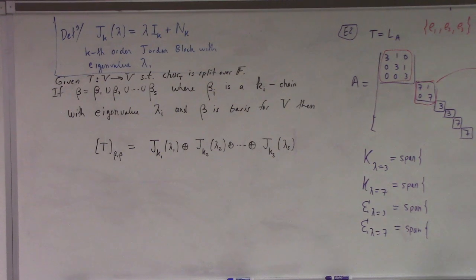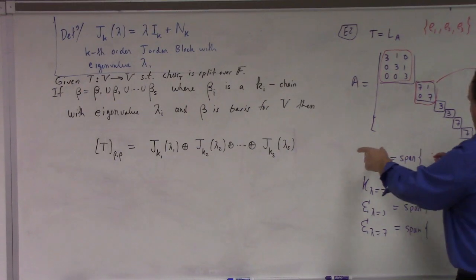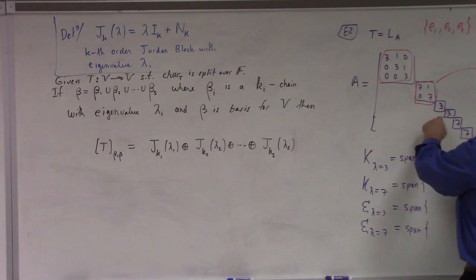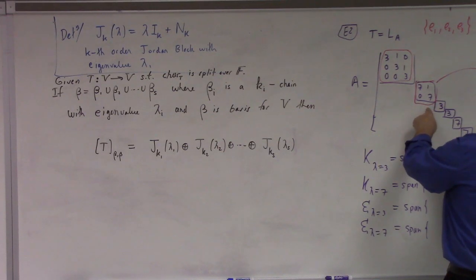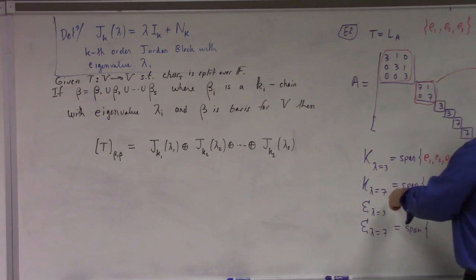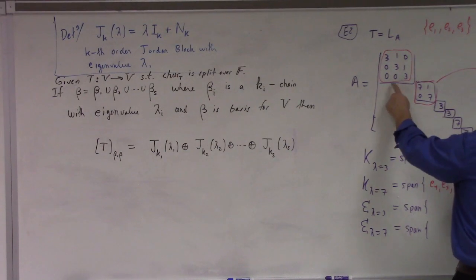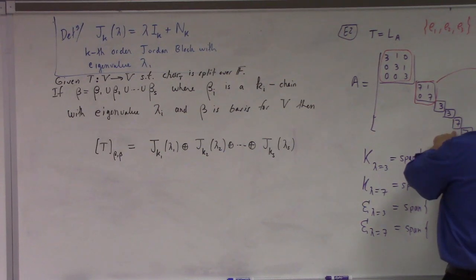So to build the generalized eigenspace of eigenvalue 3, I would just do E1, E2, E3, and throw in E6, E7. For the generalized eigenspace of eigenvalue 7, I want E4, E5, E8, and E9.